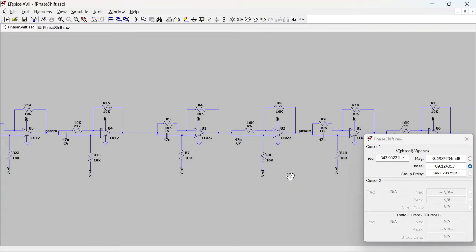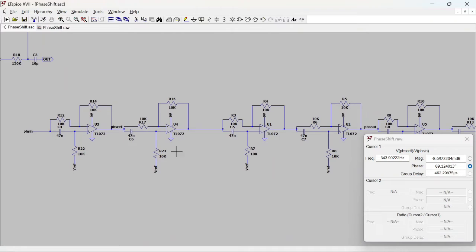Now it has different values, and the reason for this is that, well, I'll talk about JFETs and how they work later on. But this is the minimum frequency where this shift occurs, so where the phase shift is 90 degrees.